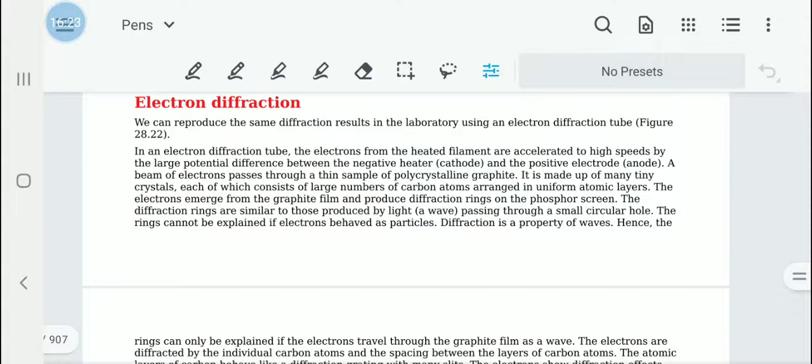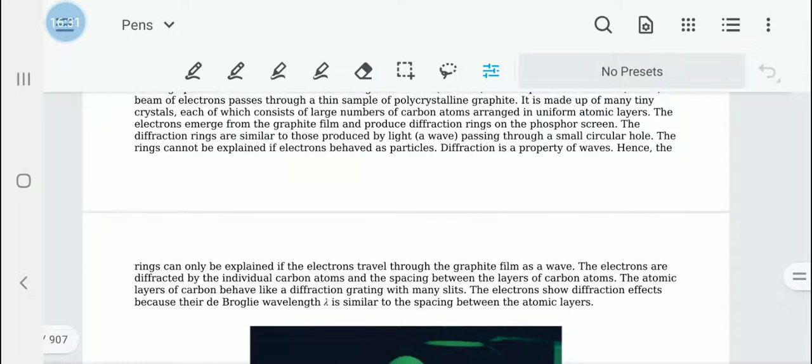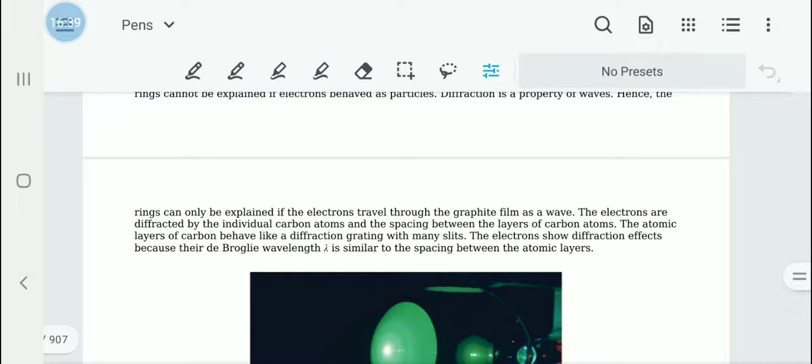When electrons pass through these, the individual carbon atoms act as diffraction gratings, and because the de Broglie wavelength lambda of these electrons is similar to the spacing between these atomic layers, diffraction is observed.